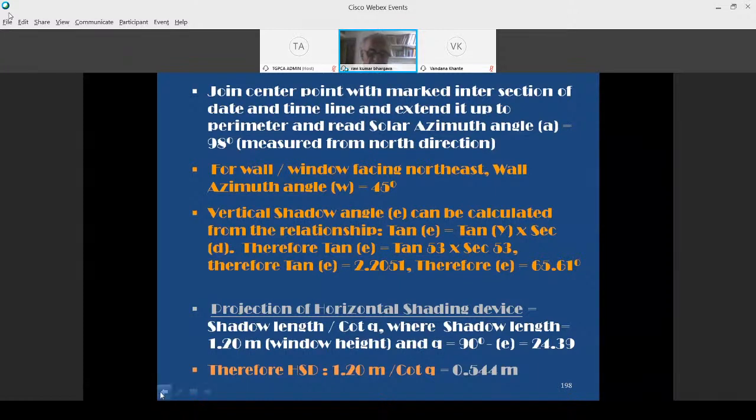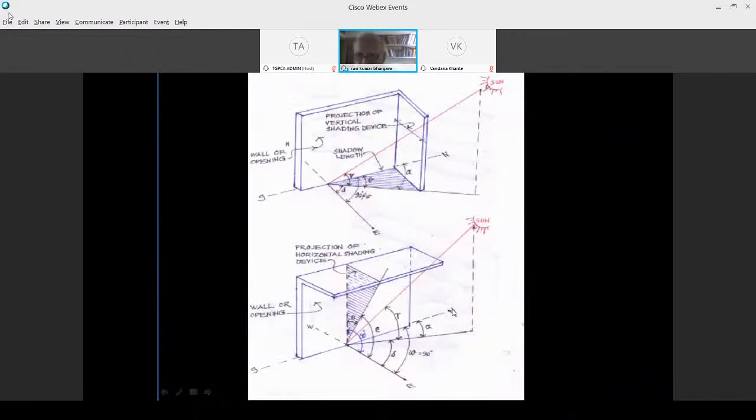Again, to refresh your memory, we will see what these different angles are. Friend, now you can see this is the sun. This angle between the line connecting the point of observation with the sun, and the line connecting the point of observation with the position of the sun on the horizon, is called the solar altitude angle, denoted by gamma.